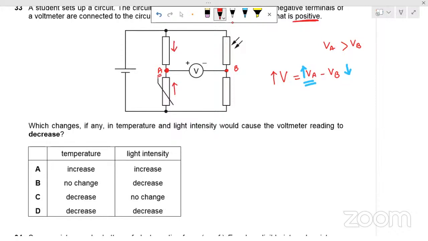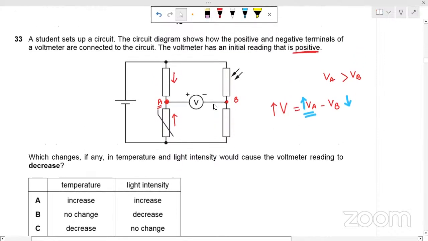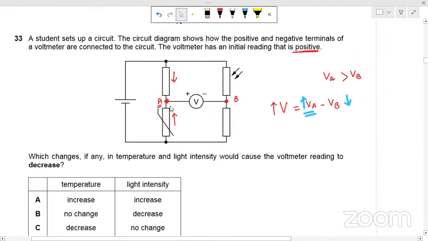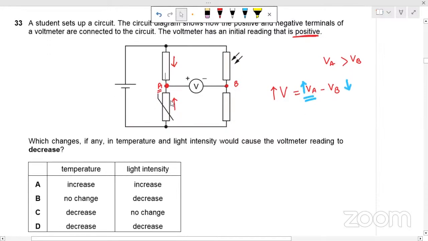So this is a thermistor, and you know the resistance of this thermistor will decrease if the temperature is increased. We want to increase this resistance.